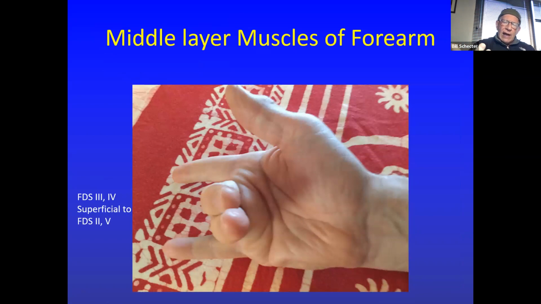If you put your hand like this and flex the long and 4th fingers, you'll see that the flexor digitorum sublimis 3 and 4 are superficial to 2 and 5. Let me repeat that. Flexor digitorum sublimis 3 and 4 are generally superficial to 2 and 5.